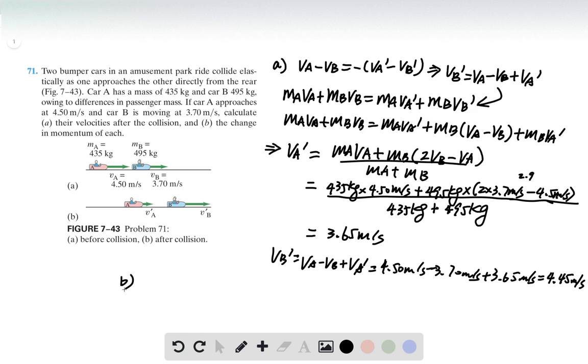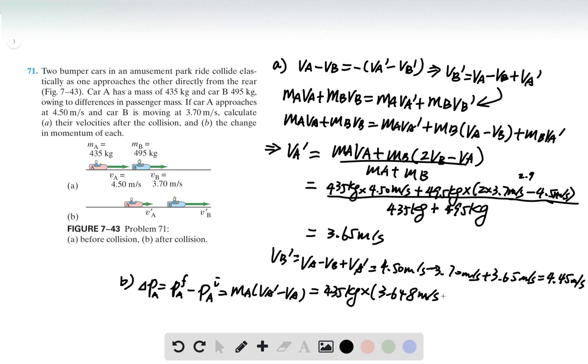Okay, second, we are asking what is the change of momentum for each. So let's first do it for A. We can see it slows down a little bit, so the momentum change we expect to be negative. Delta PA is P final minus P initial. So this is mass of A times VA prime minus VA, which is 435 kilogram times 3.648 meters per second minus 4.50.